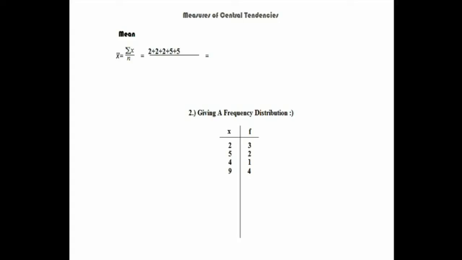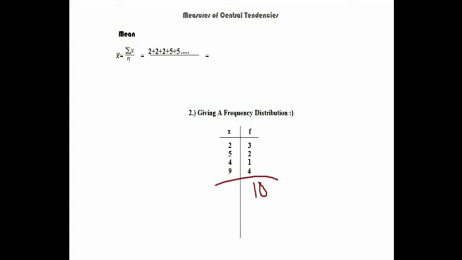I have 2 5s, and I would have to do 5 plus 5, etc. And divided by what? How many numbers do I have? I don't have 4 numbers. I have 3 plus 2 plus 1 plus 4. How many is that? This is 5, 6, and 4 is 10. So I would have to divide by 10.